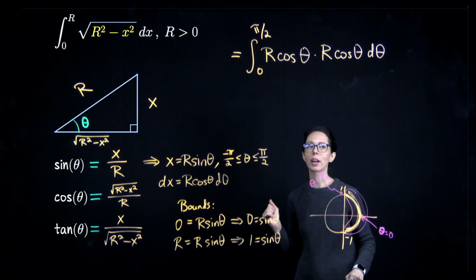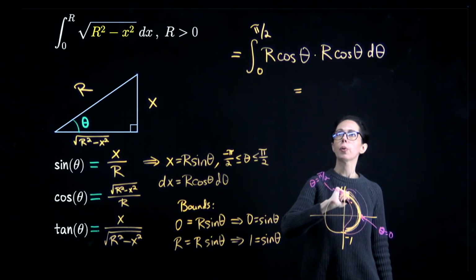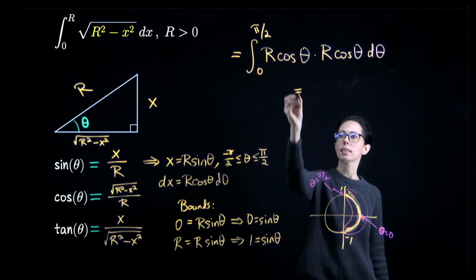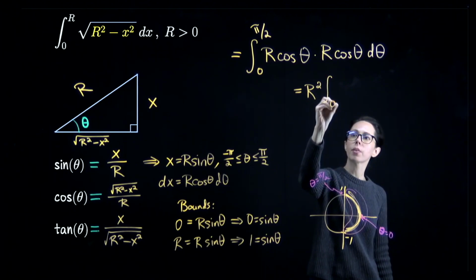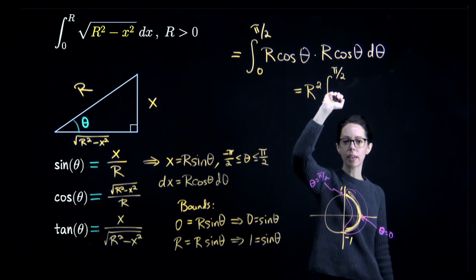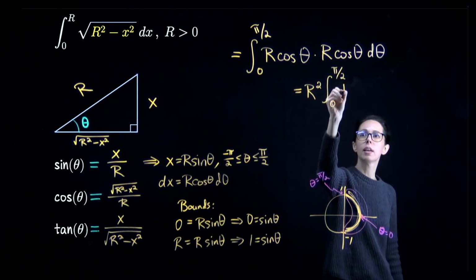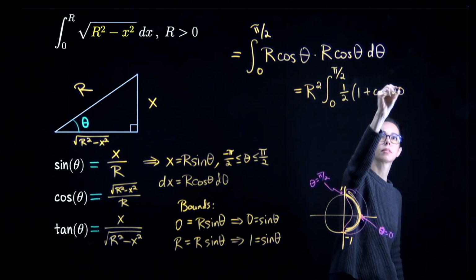Okay, let me keep going, and I hope I have enough room to do this. I'm going to do a power reducing formula all in the next step. So let me pull the constant r squared in front, and now we're integrating from 0 to pi over 2. Cosine squared with the power reducing formula is 1/2 times 1 plus cosine 2 theta.